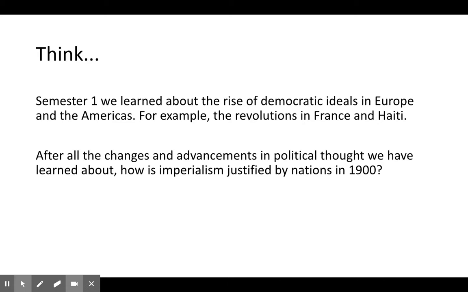So after all of these changes and all these advancements in terms of rights and in terms of equality, in terms of political thought, how is imperialism justified by European nations in the year 1900? I want you to understand that slavery is abolished by this period of time, even in the United States. So how do Europeans go out and actually justify conquering all of these other territories and then taking them by force? All right, this is something that we're going to think about as we move forward this week.